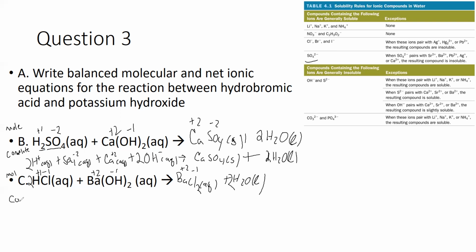So for the complete ionic equation, break apart anything that says aq in it. So 2H plus. I don't know if we had this yet, but this 2 distributes to everything when you break it apart. So not only is it 2H plus, it's 2Cl minus as well, plus Ba 2 plus aqueous, plus 2OH minus aqueous.